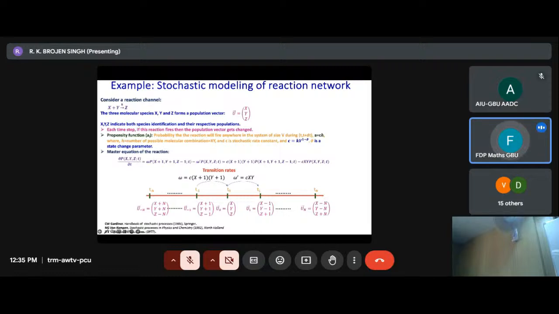For example, once this particular reactive is higher, then 1 molecule of X will be low, 1 molecule of Y will be low, then 1 molecule of Z will be zero. That is, for example, if you start with this excitation, then in the next time, the potency of the X will be decreased by 1, and Y will be decreased by 1, and the potency of the product will be decreased. And some sort of event to the multiple parameters.